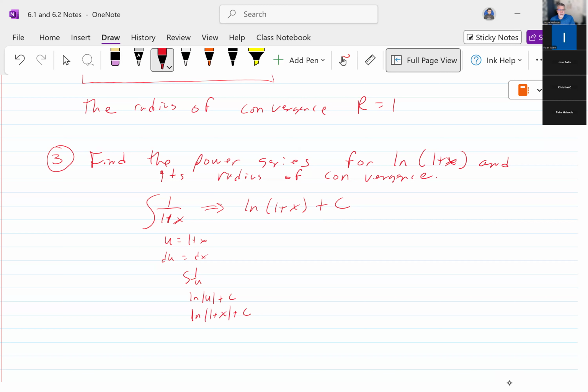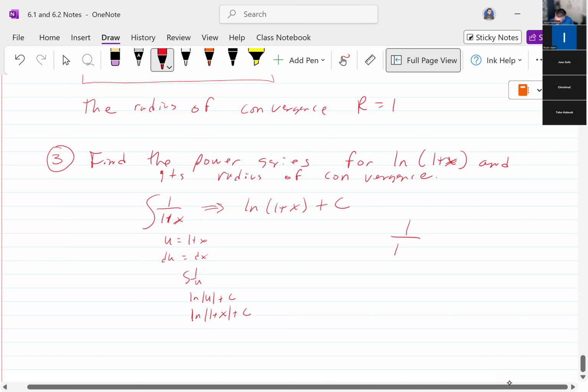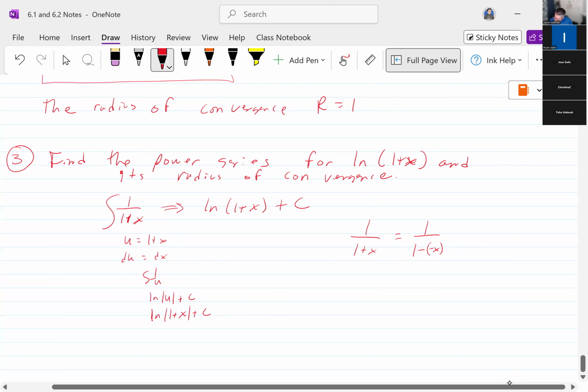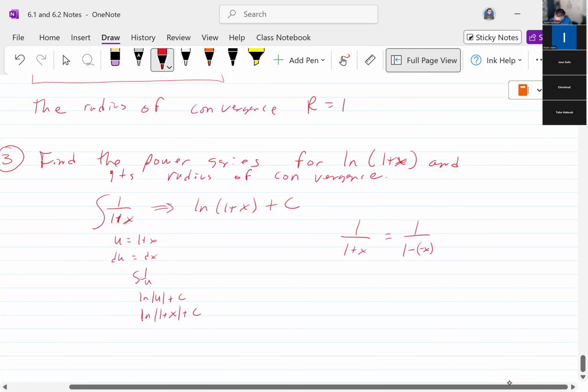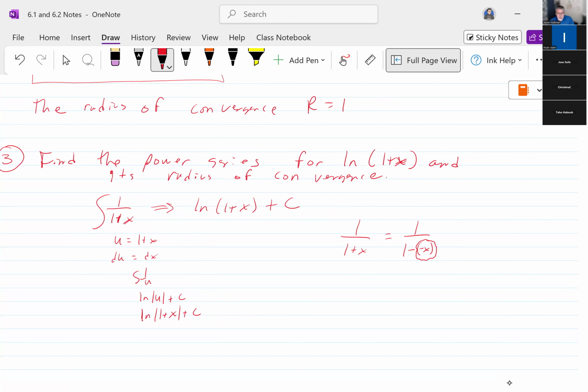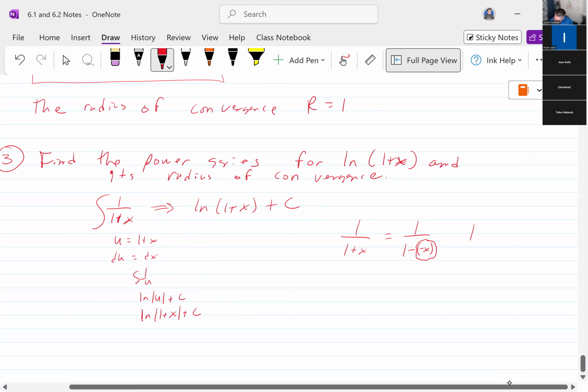Now, why don't we need the absolute value bars? Any ideas? Well, if we look at the power series, 1 plus x is 1 over 1 minus negative x, which tells me that this thing I am subtracting off, negative x, has a radius of convergence of absolute value of x less than 1.